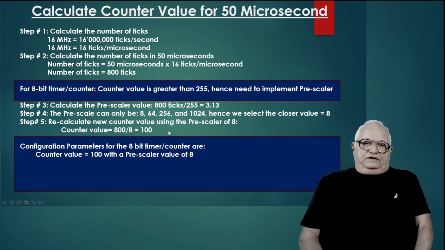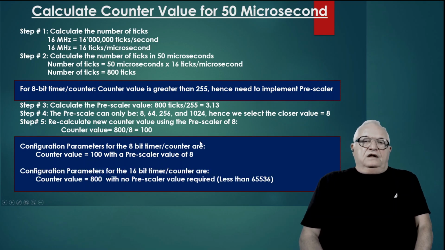So the parameters to set up our clocks, so we get the 50 microsecond delay or interrupt or whatever we need, is going to be to configure the counter value to 100 with a prescaler of 8. Now, if we use the 16-bit timer counter, then we can just use the 800 number because it's less than 65,536.